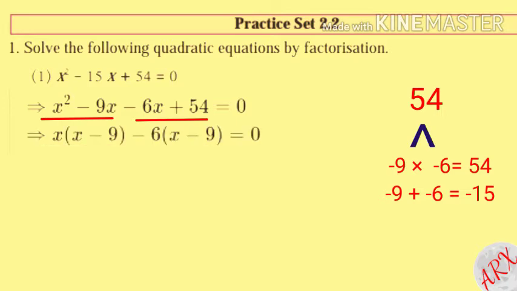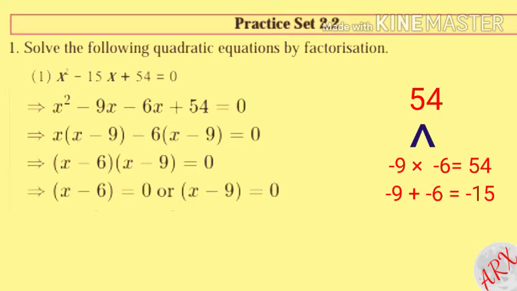Answer will be x into bracket x minus 9 minus 6 into bracket x minus 9 equal to 0. Now as both the brackets are the same, take x minus 9 common. So the answer will be x minus 9 in one bracket and x minus 6 in another bracket.